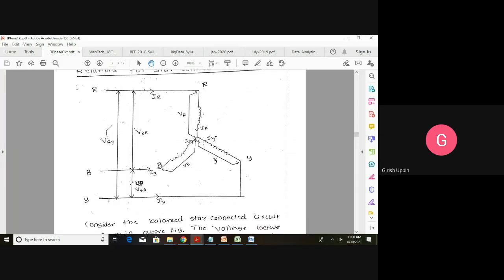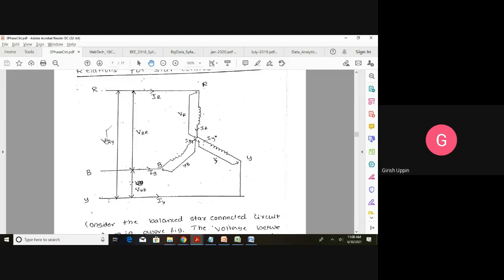So you can just see what is the voltage between R and Y. Between R and Y, I have this phase, R phase, neutral. You can say this as N, and I have one more Y phase and back to the terminal. So VRY is effectively the phasor sum of this voltage and this voltage. Therefore VRY is equal to VRN plus, from this point, VNY.